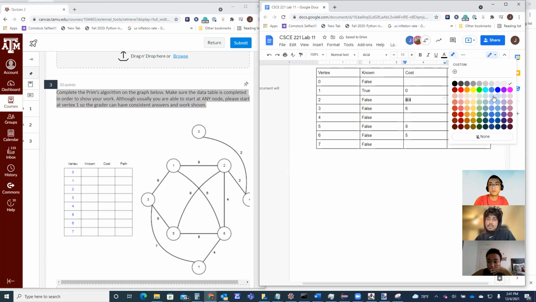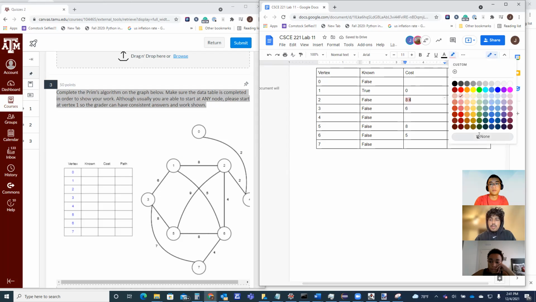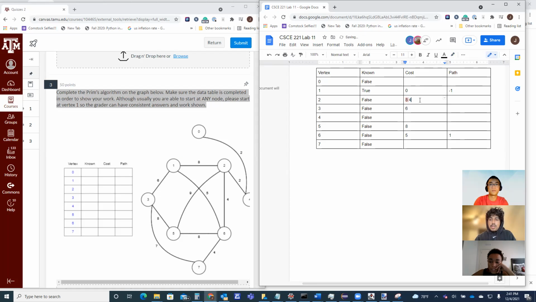Oh, light red? Yeah, there you go. Oh wait, 4 shouldn't be highlighted though. Let me unhighlight 4. There you go. Okay.